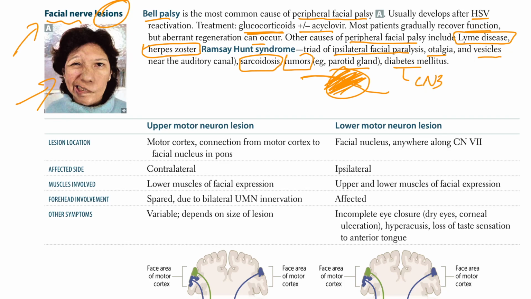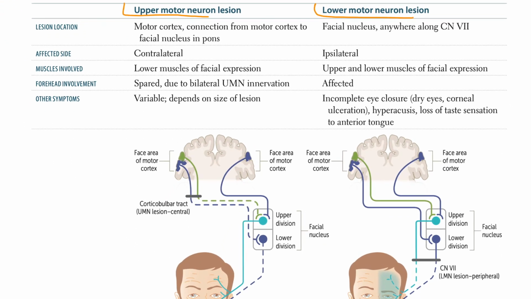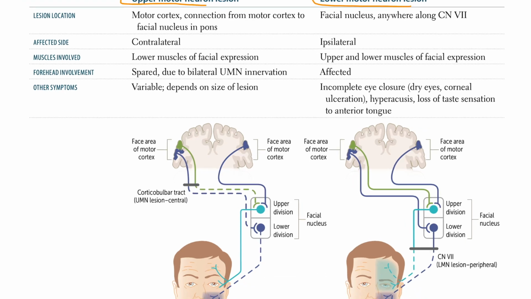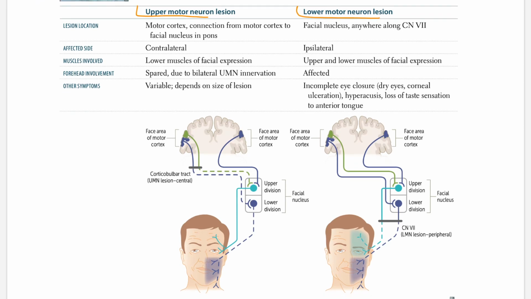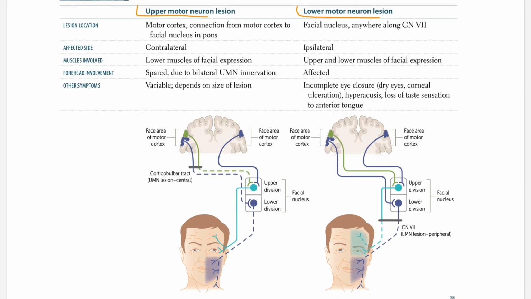Okay, so now let's talk about how we can differentiate an upper motor neuron lesion of the facial nerve from a lower motor neuron lesion of the facial nerve. The location, right? In the upper motor neuron lesion, the location is going to be the motor cortex right here, and the connection from the motor cortex to the facial nucleus in the pons.